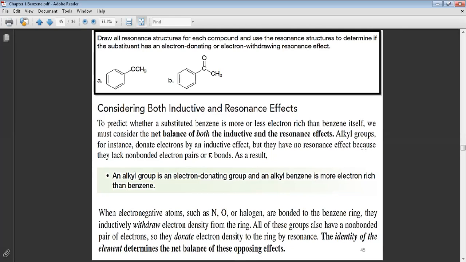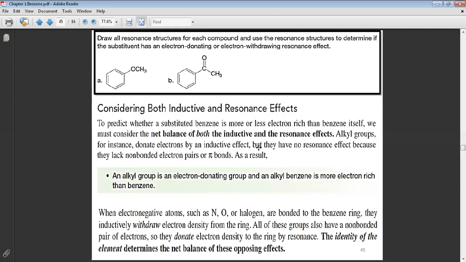Now, look at the alkyl group. An alkyl group always donates electrons by the inductive effect, because carbon has high or low electronegativity?